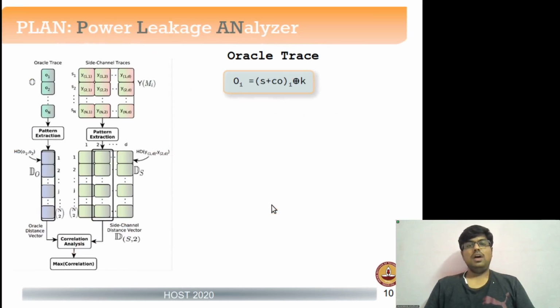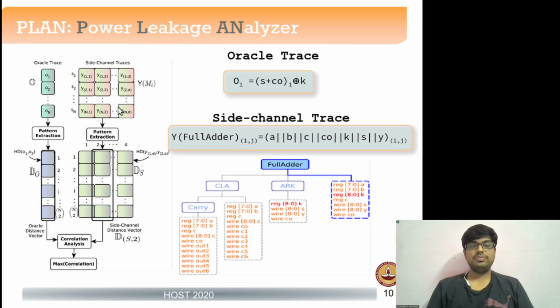Let us now see how PLANT actually works to evaluate the information leakage in a given circuit or RTL. Oracle traces can be computed from the ground truth information as given here. So for n different input values, there will be n different oracle values, and the side channel traces can be computed using the values present in all the signals in that particular module.